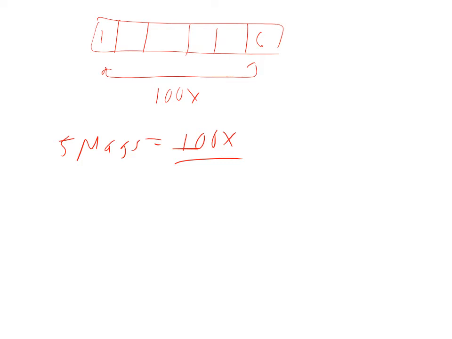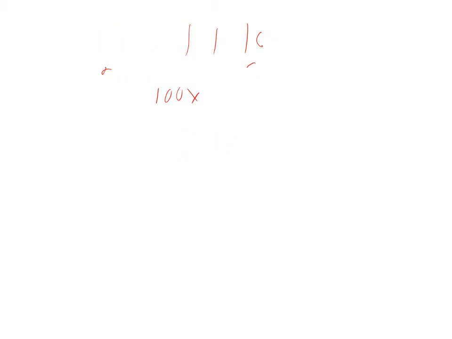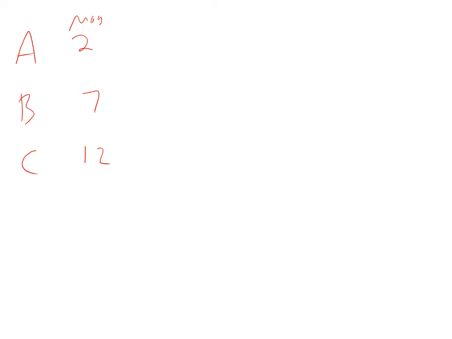So if that's the case, imagine that we have these stars up here, and we have star A, star B, star C. Star A is magnitude 2, star B is magnitude 7, and star C is magnitude 12.